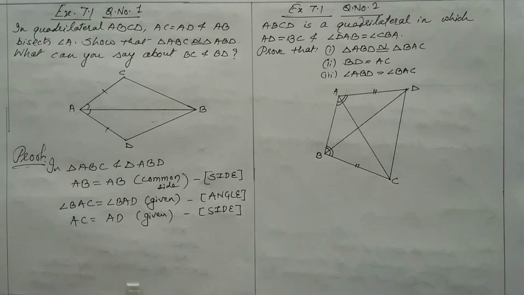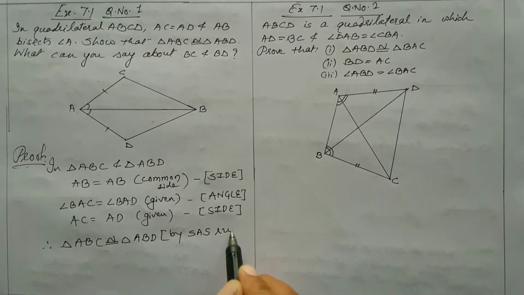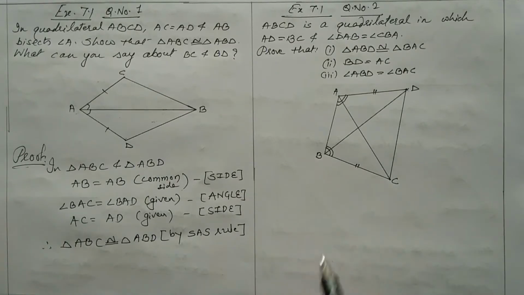So side angle side. Therefore triangle ABC is congruent to triangle ABD by which rule? Here you can write side angle side congruence rule.